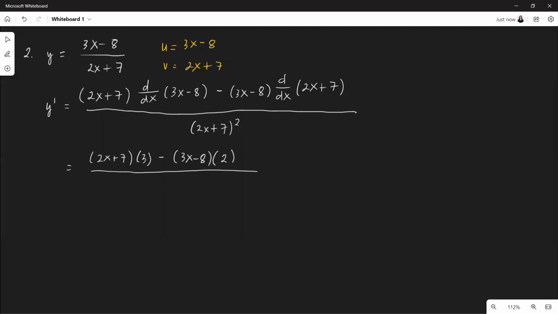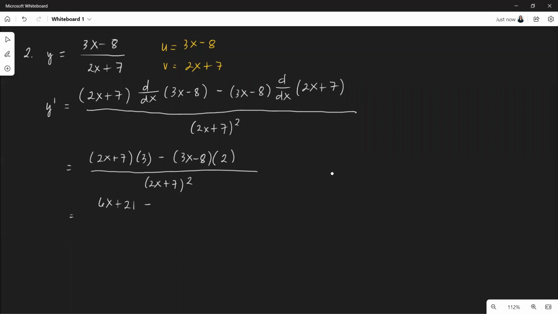So now simplify. The differentiation part is just until this step; the rest is arithmetic or algebra. So we have 6x plus 21 minus, take note, this is subtraction, so be careful with the signs.